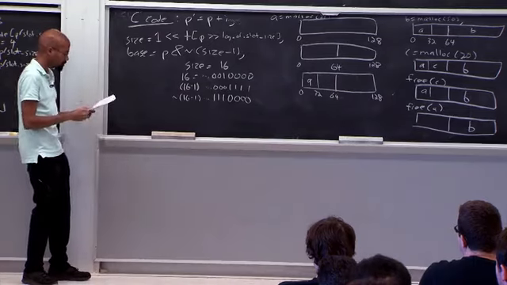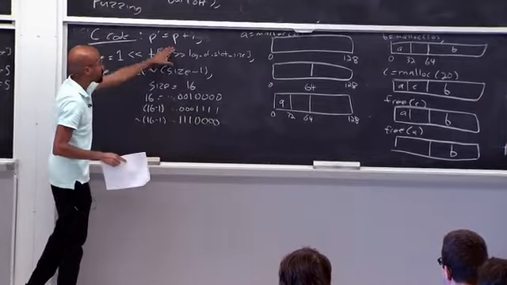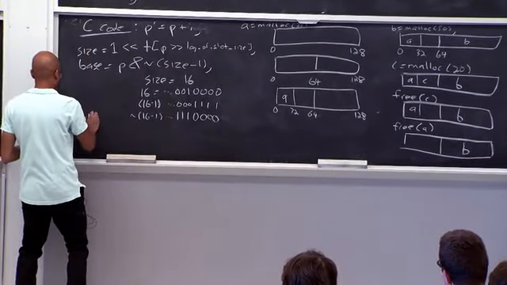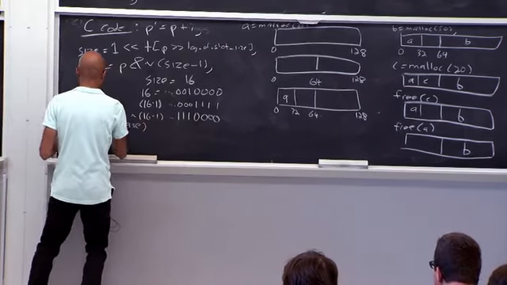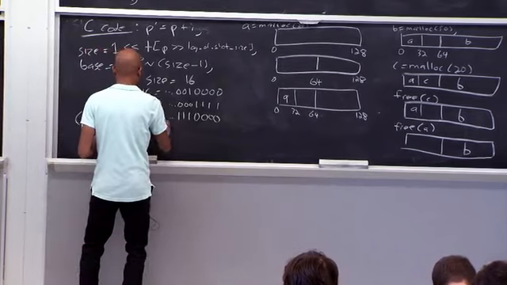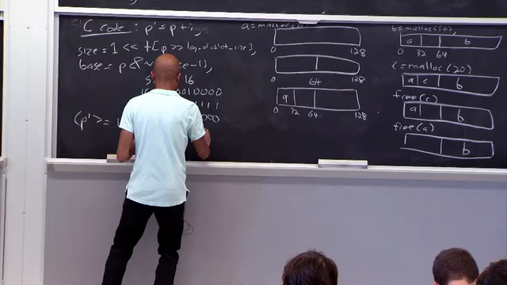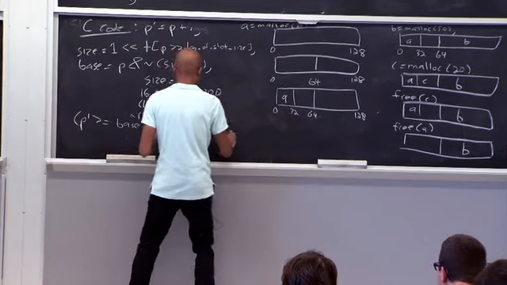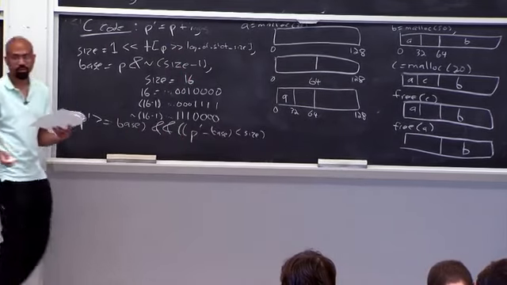Okay? And so once we've got this, then it's very simple to check whether this pointer is in bounds, right? Because we can just check whether p prime is greater than or equal to base, and whether p prime minus the base is less than size, right?